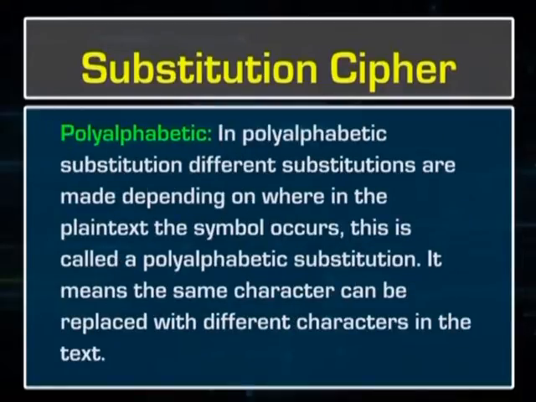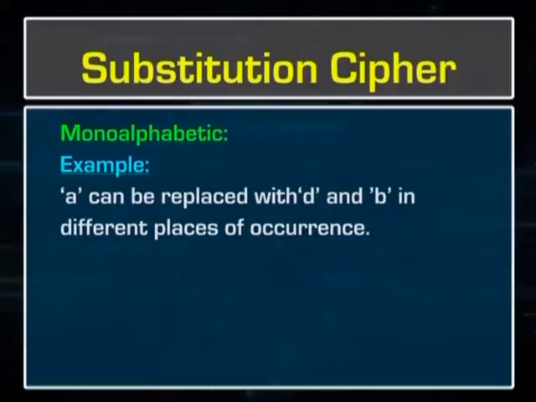In polyalphabetic substitution, different substitutions are made depending on where in the plain text the symbol occurs. It means the same character can be replaced with different characters in the text. For example, A can be replaced with D and B in different places of occurrence.